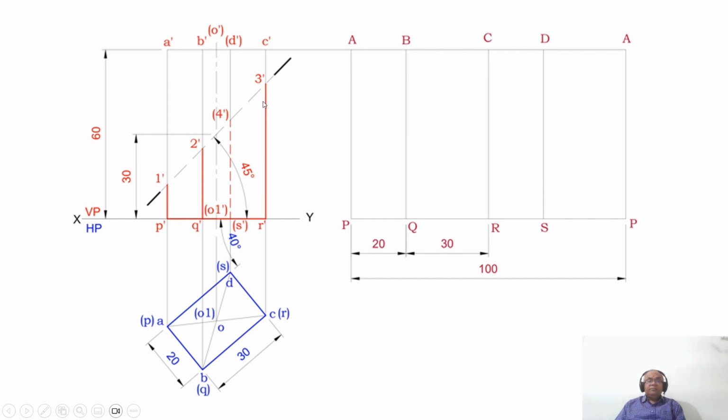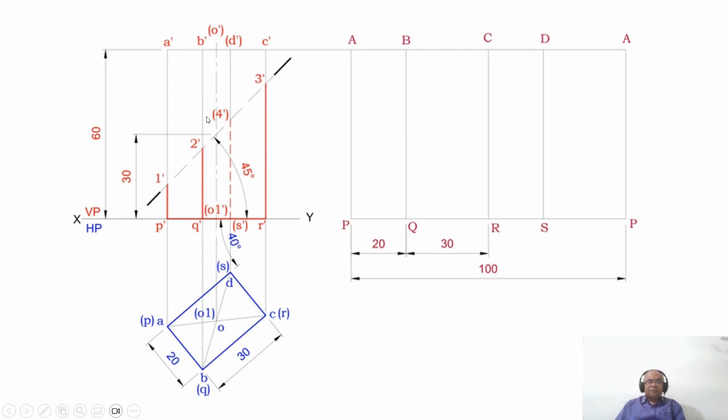Then, is the section plane passing through the CR? Yes. And you mark that point as 3 dash. Then after CR, you have DS. Are D dash and S dash visible? No. D dash is an invisible point and S dash is an invisible point. Invisible to invisible is always invisible.